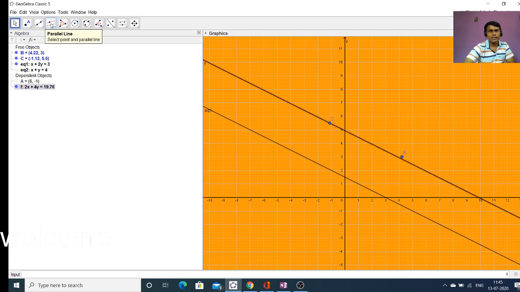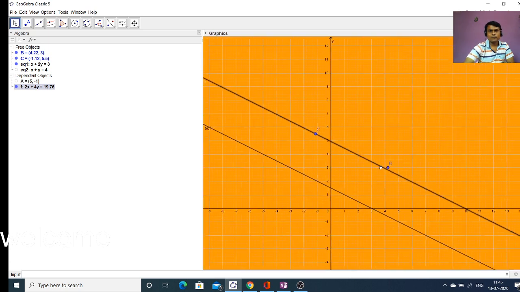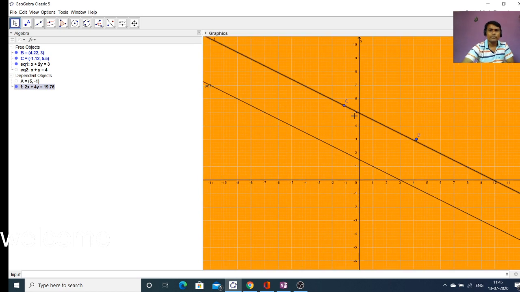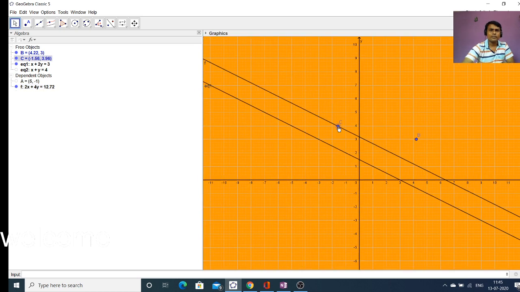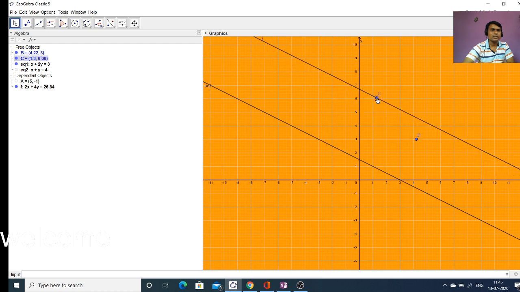And select this line and move. Now what do I get, the change in... it's not moving. But if I move this line, I get the change in, what are the changing values?